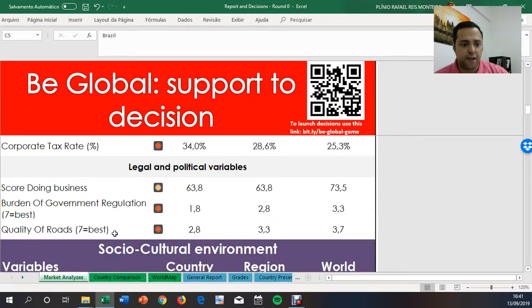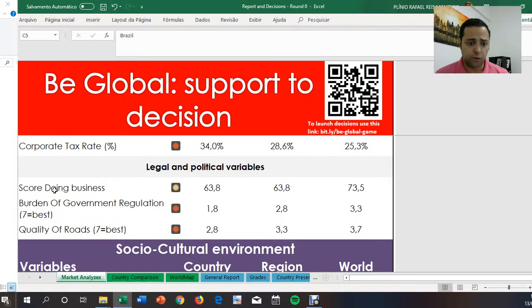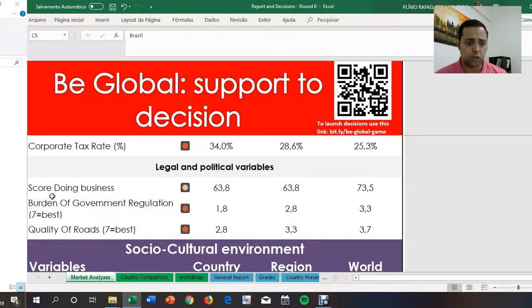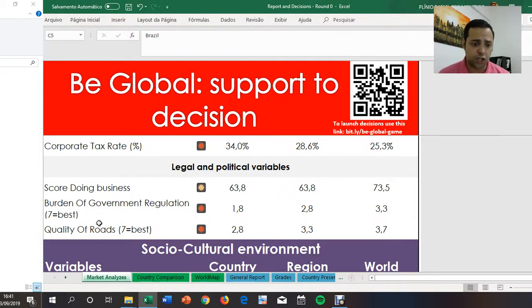Other important variables show us that we are looking at the score of doing business and also the burden of government regulation. We can see that in general we are not good on these measures, and this could imply that we are going to have some problems with the government, and probably we're going to spend a lot of money to keep our business operating in the country.